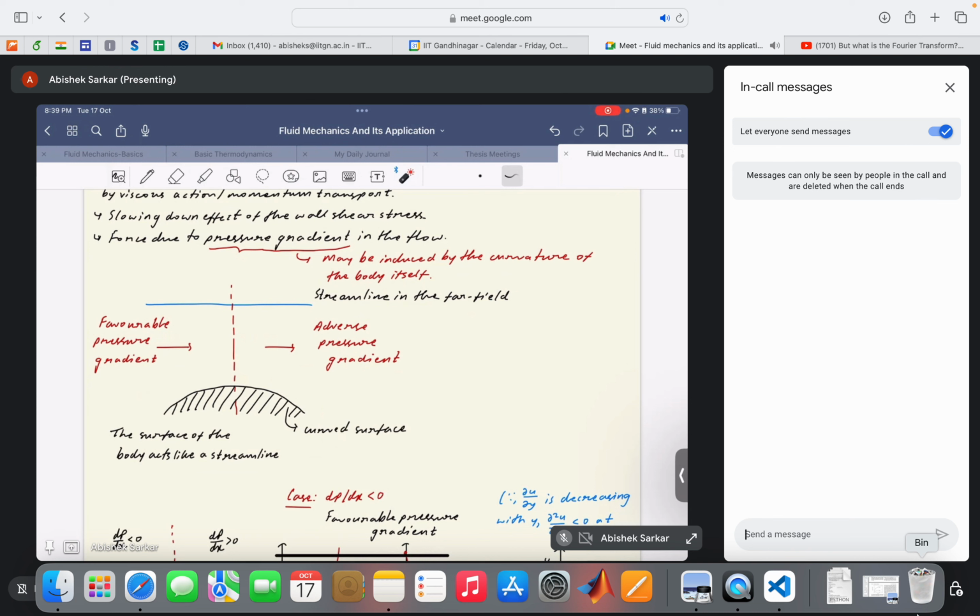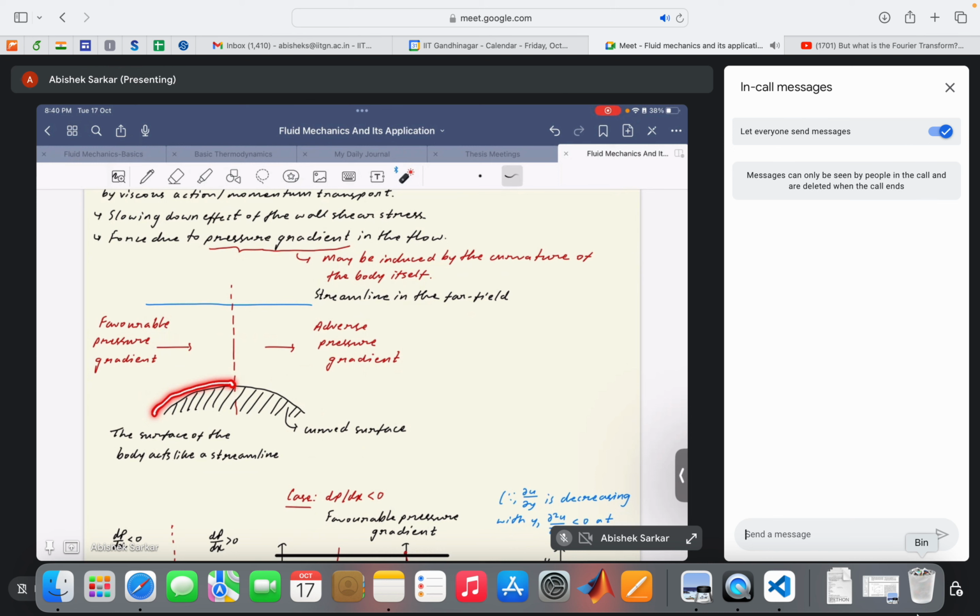So from this inlet to this point, the pressure goes on decreasing. It basically tells us that from here to here there is a favorable pressure gradient. By favorable pressure gradient I mean a decreasing pressure.